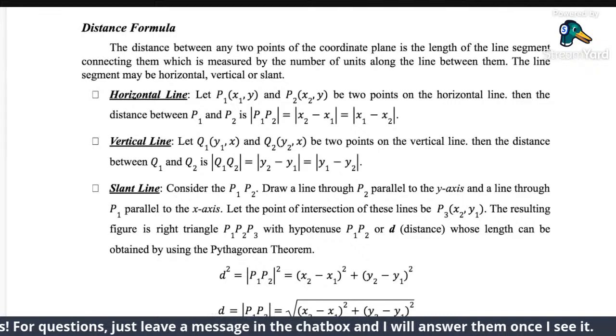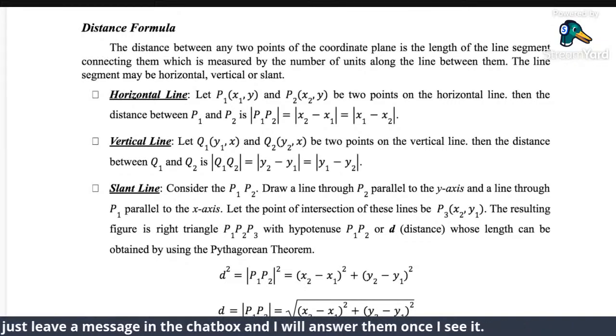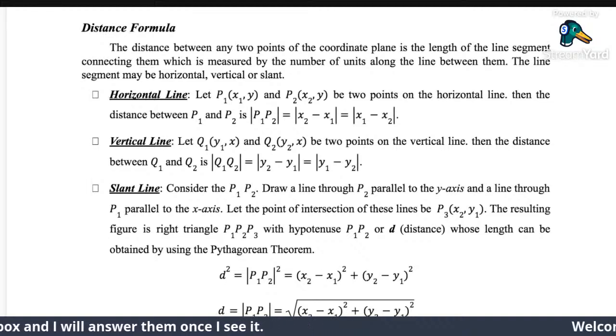So for example, for a horizontal line, pag sinabi natin horizontal line, a line that is parallel to the x-axis or the x-axis itself.